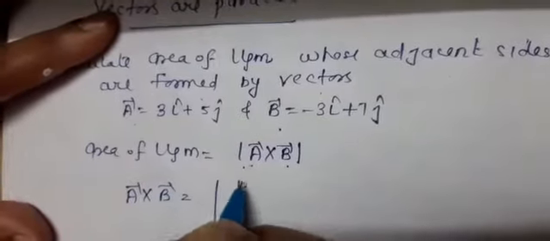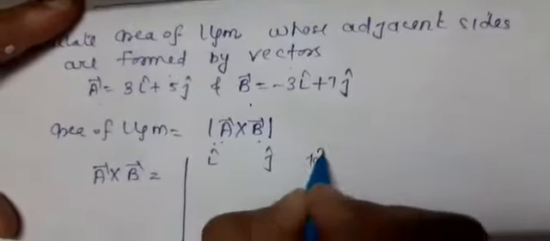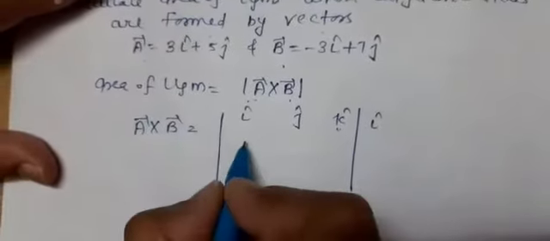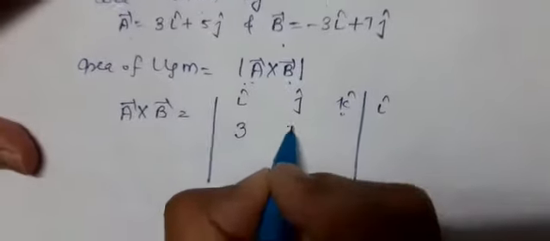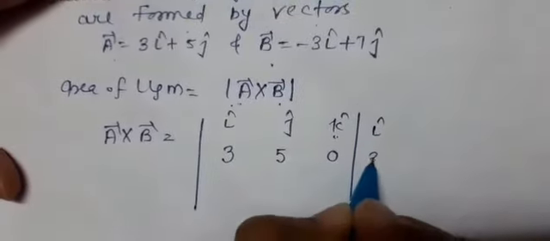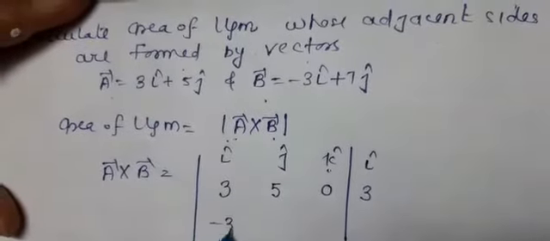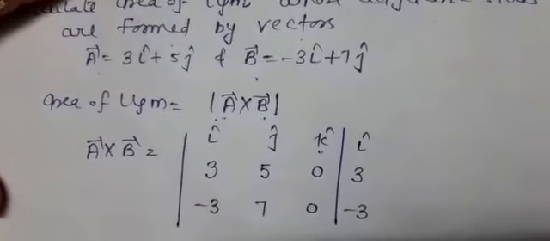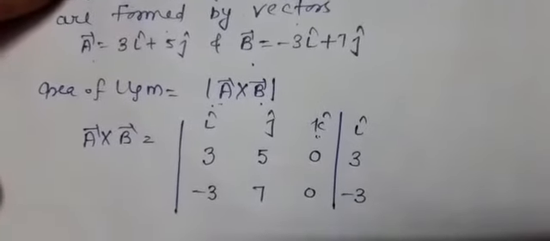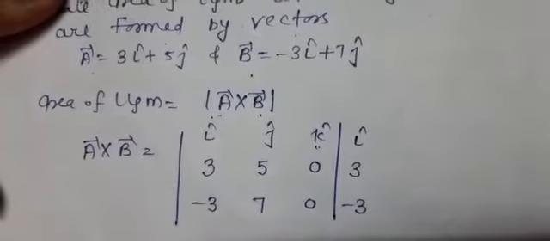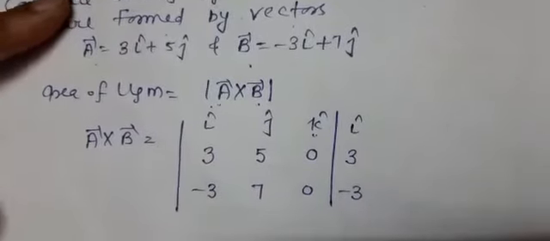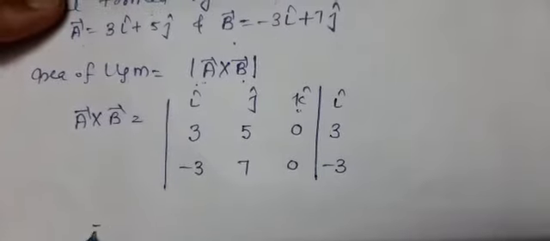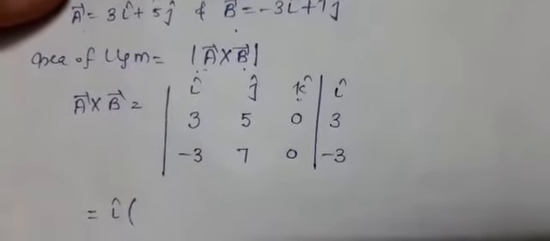This is i, j, k, and this is i. Here the k coefficient will not exist. This is 3, 5, 0, 3. And for B it is -3, 7, 0, and -3. The better way is to pause the video, try to solve it yourself, and then check the results, so that you get confident over the concept.